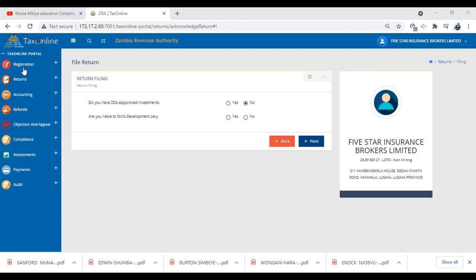Okay, hold on. We are trying to look at the connectivity.